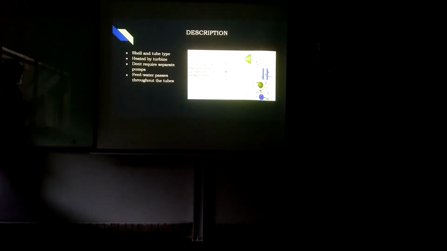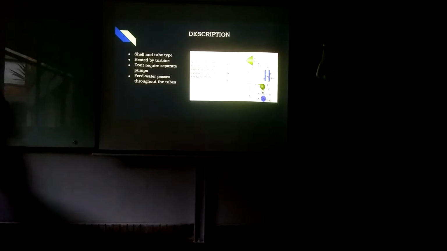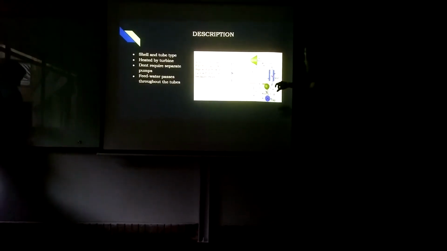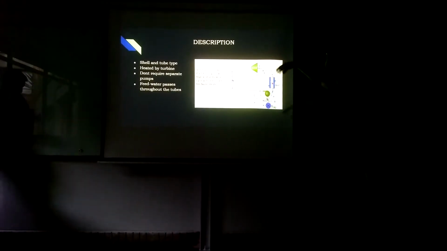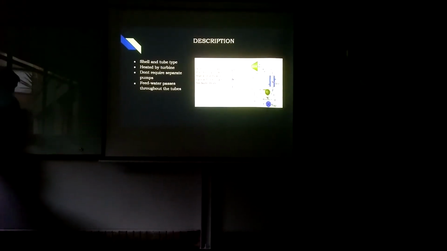The description of this equipment is shell and tube type, heated by turbines, does not require separate pumps, and feed water passes throughout the tubes. You can see in these images a closed water heater in the middle of the image, and the whole process is the regenerative Rankine cycle.